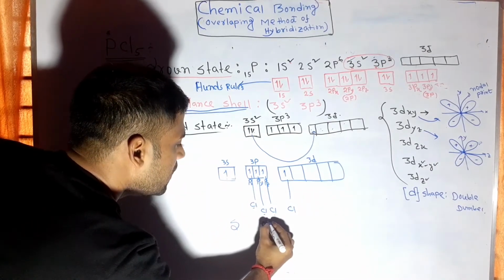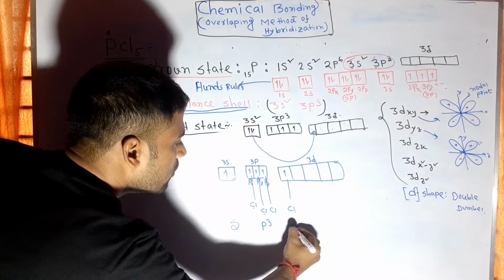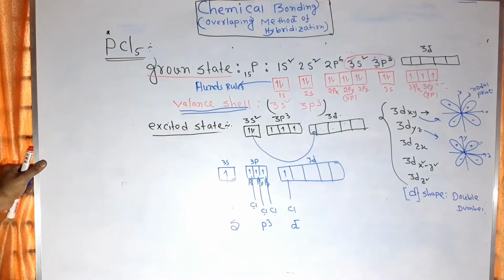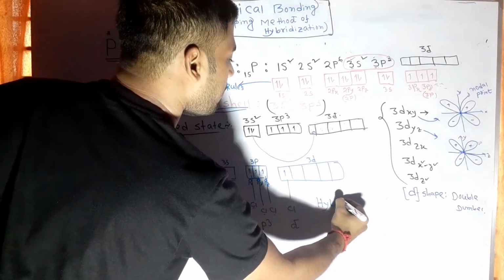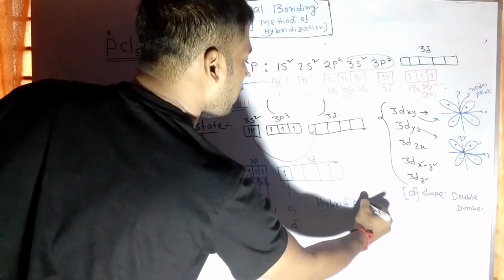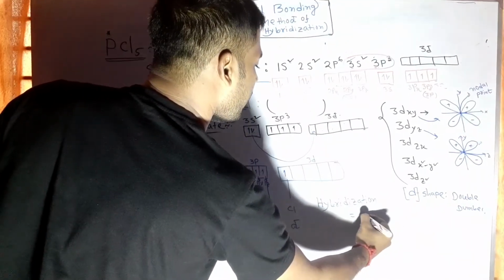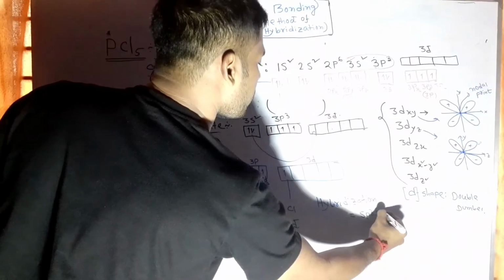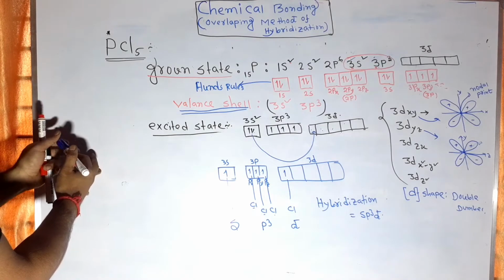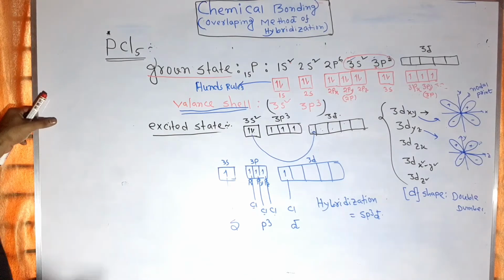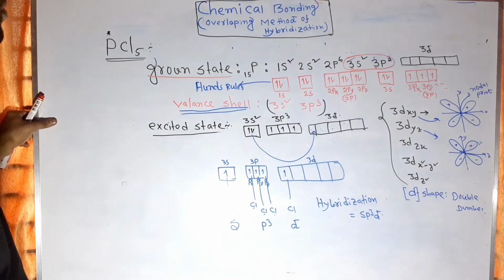So sp3 and 1 d orbital, so the hybridization name is sp3d. So the final hybridization is sp3d. This is the overlapping method for determination of hybridization of the central atom in a given compound.